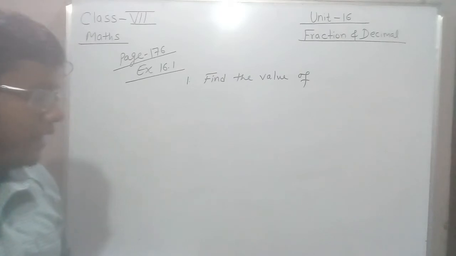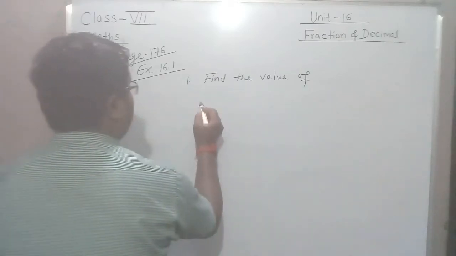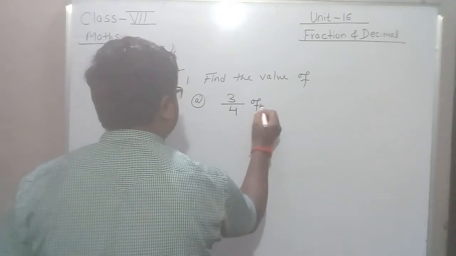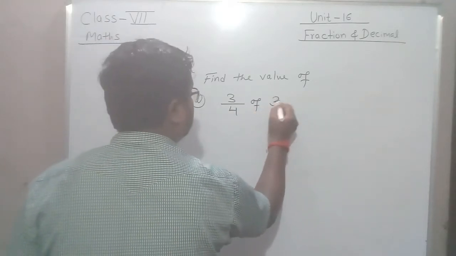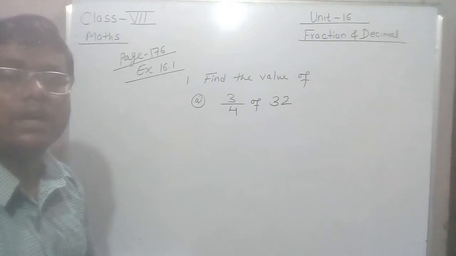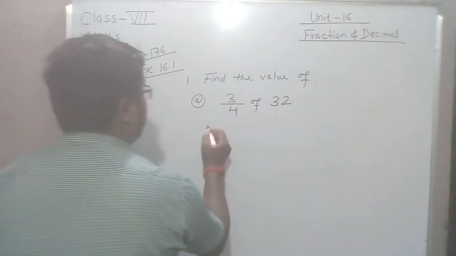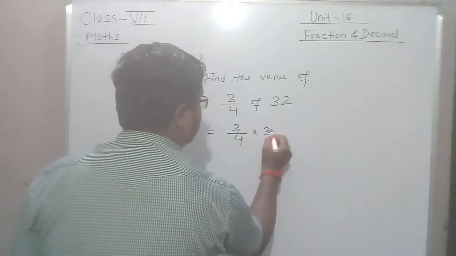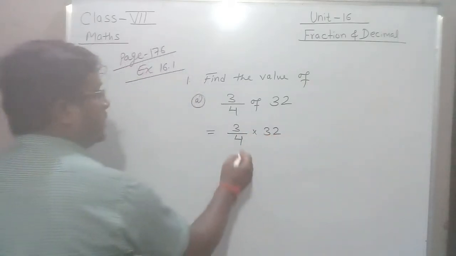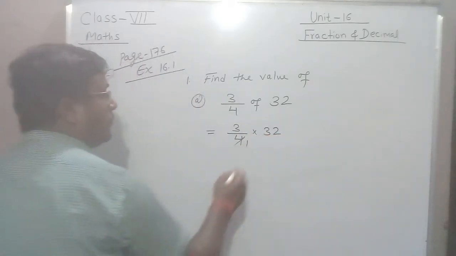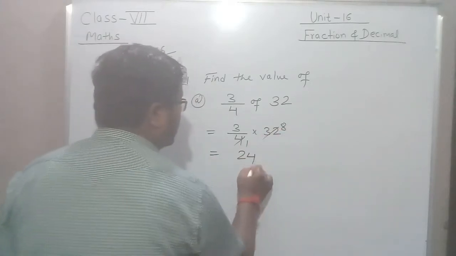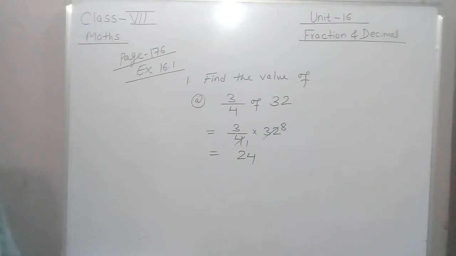Suppose the question is given as 3 upon 4 of 32. So you can write this as 3 upon 4 of means into 32. Let's cancel it. 4 ones are 4, 4 eights are 32. 3 eights are 24. Its answer is 24.